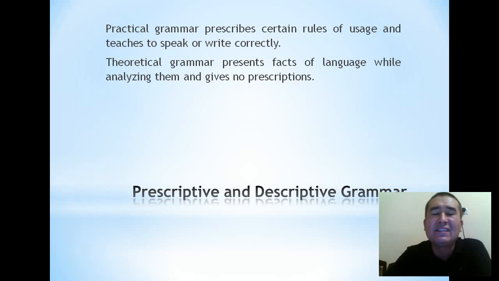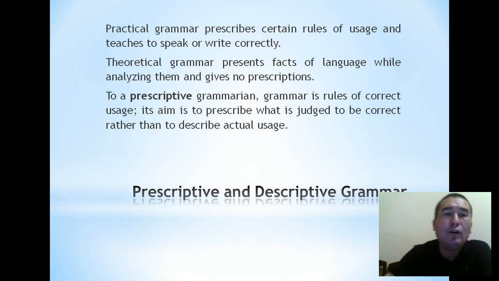It analyzes whether this classification is right or wrong, and what kind of theory is put forward by scholars on particular subjects of grammar. And to a prescriptive grammarian, grammar is rules of correct usage. Its aim is to prescribe what is judged to be correct rather than to describe actual usage.